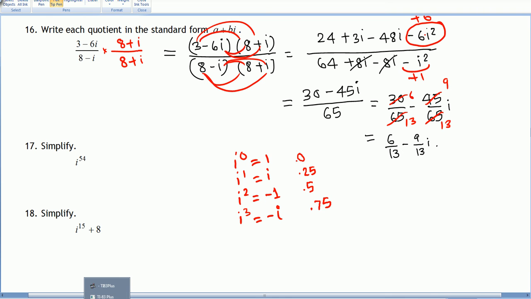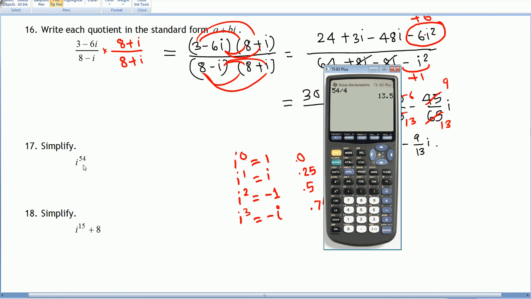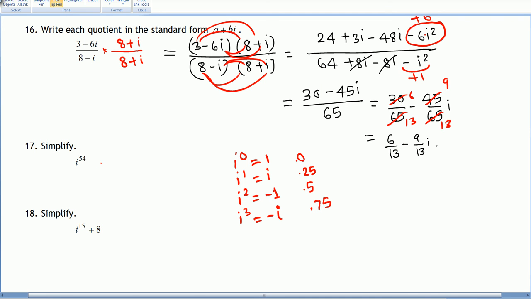In our case we got 13.5, so it's like i squared, which is simply negative 1.